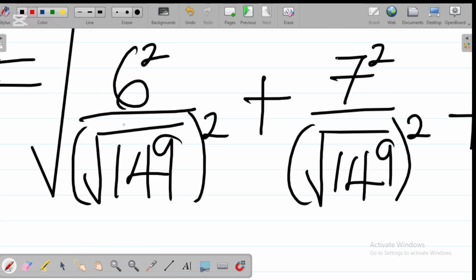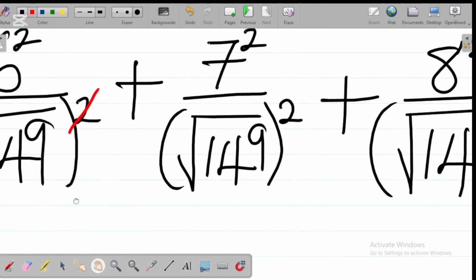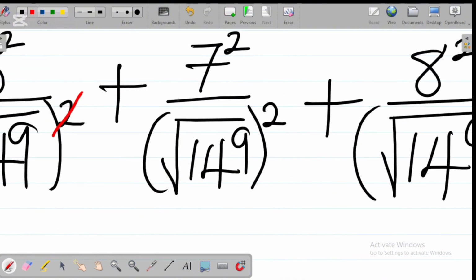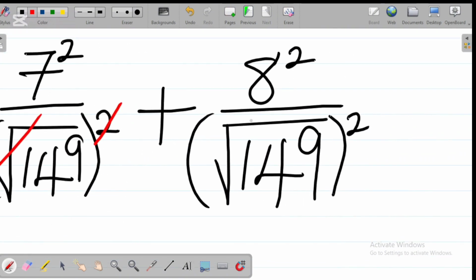All right, so the square root cancels the power, in each case.